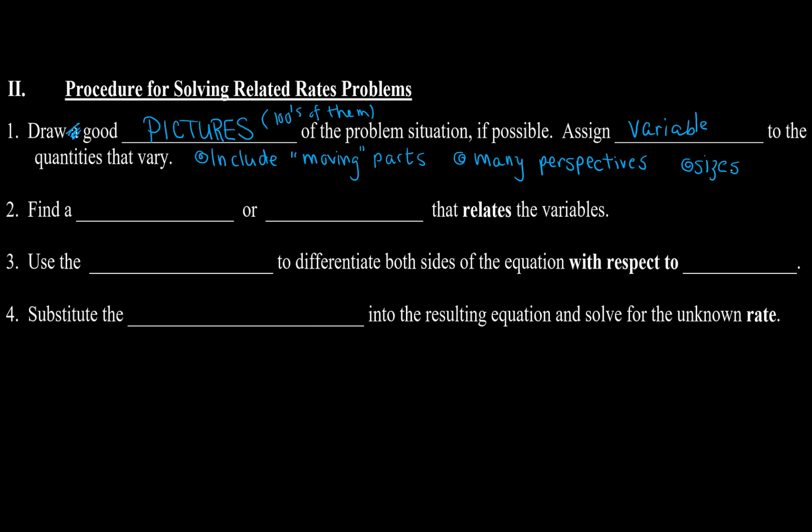Basically, the more you can draw your situation, the easier it will be for you to start applying calculus to the situation. Once you have a picture, you should be able to find a relationship or an equation that relates the variables.